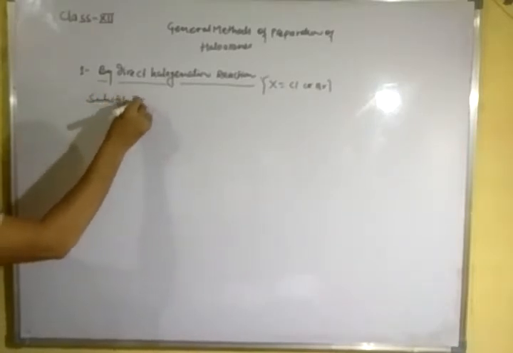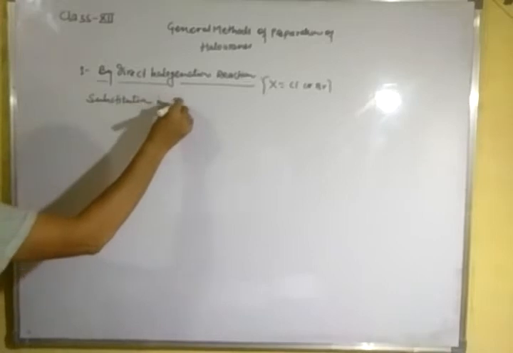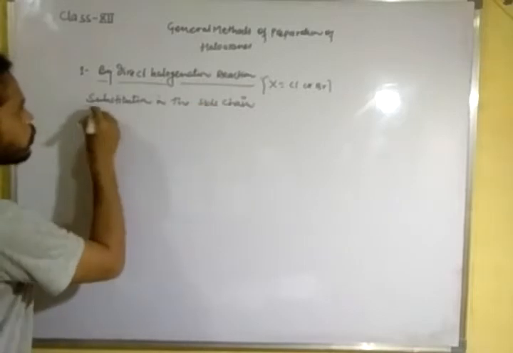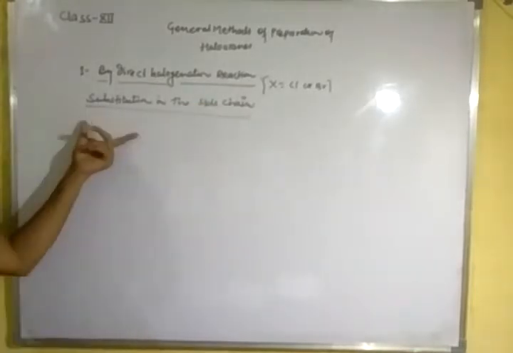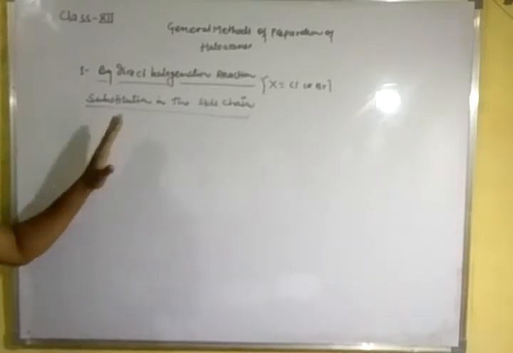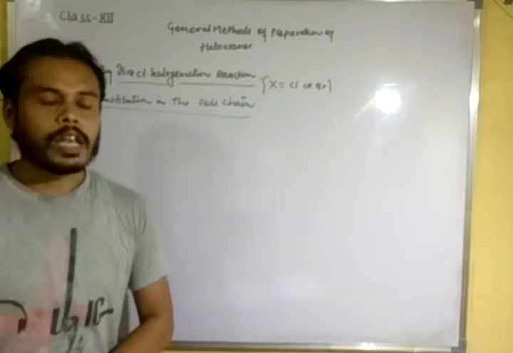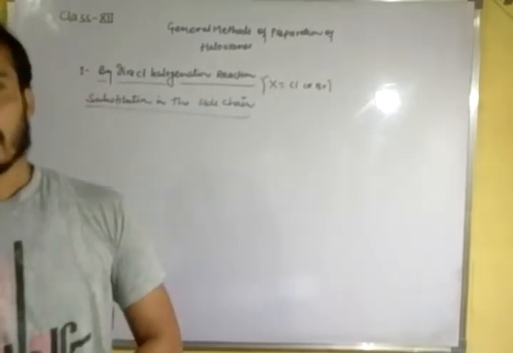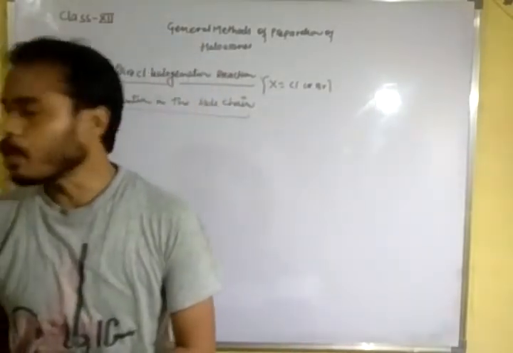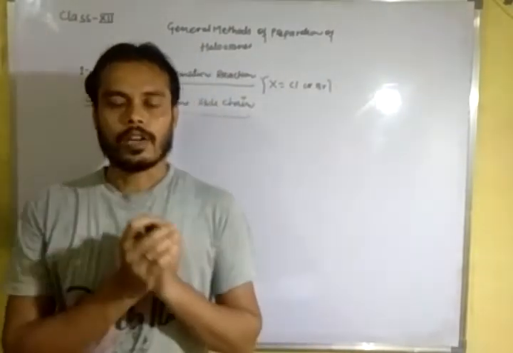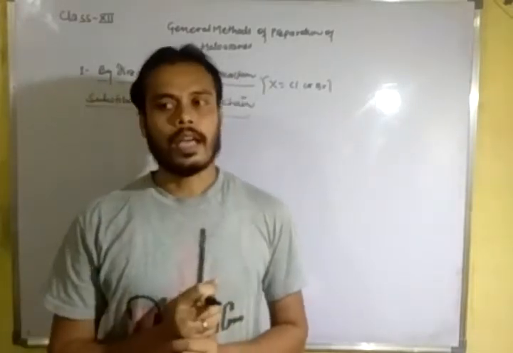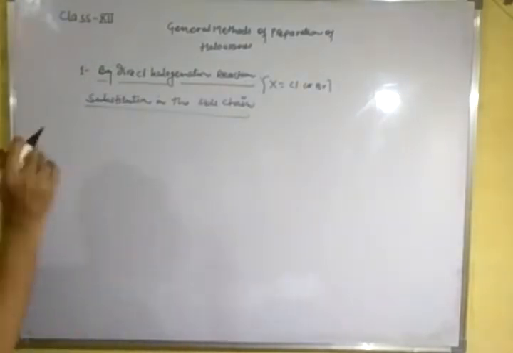In this reaction, when halogenation is done in the presence of sunlight, at high temperature, and in the absence of a halogen carrier, the hydrogen atom is substituted from the side chain of the ring and forms an alkyl halide.